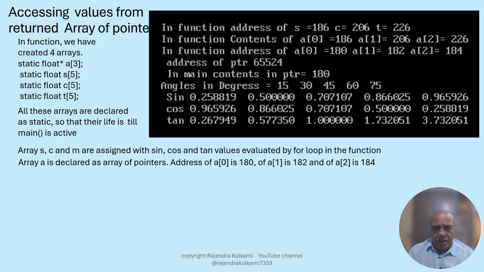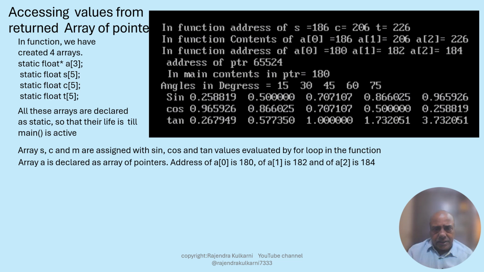Arrays S, C and T are assigned with sine, cosine and tan values evaluated in the for loop through the functions sine, cosine and tan, which are declared, and the information about which is in the file math.h, which we have included in our program. Please read this as T, not M, sorry for that.